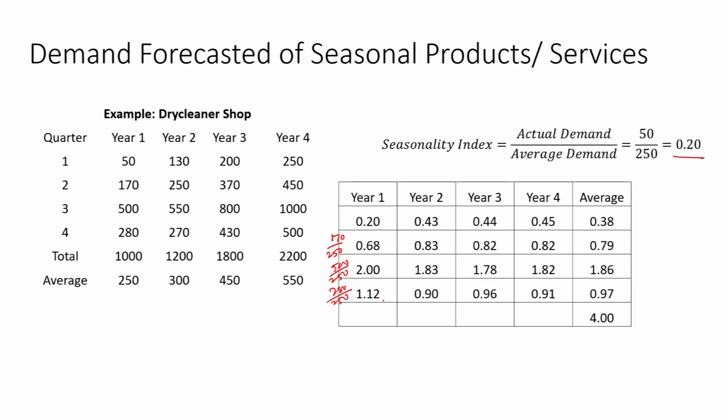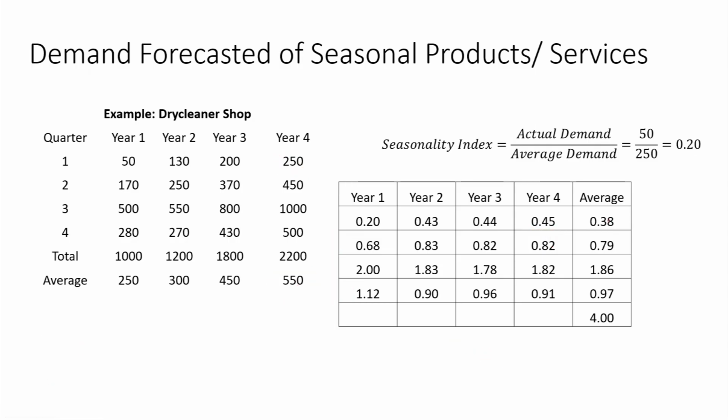Similarly, how will I get 0.45? 0.45 comes from 250 divided by 550. 250 divided by 550 leads to an answer of 0.45. Okay. So, for all the 4 periods I have calculated the seasonality index.